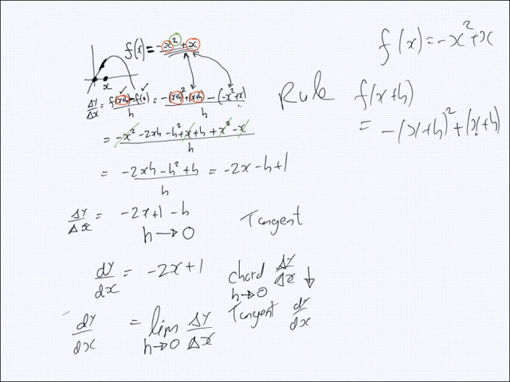Look. f(x) is minus x squared plus x. f(x plus h) is minus (x plus h) squared plus (x plus h). The x plus h has the role of being like the x in the original formula. Yeah, okay.